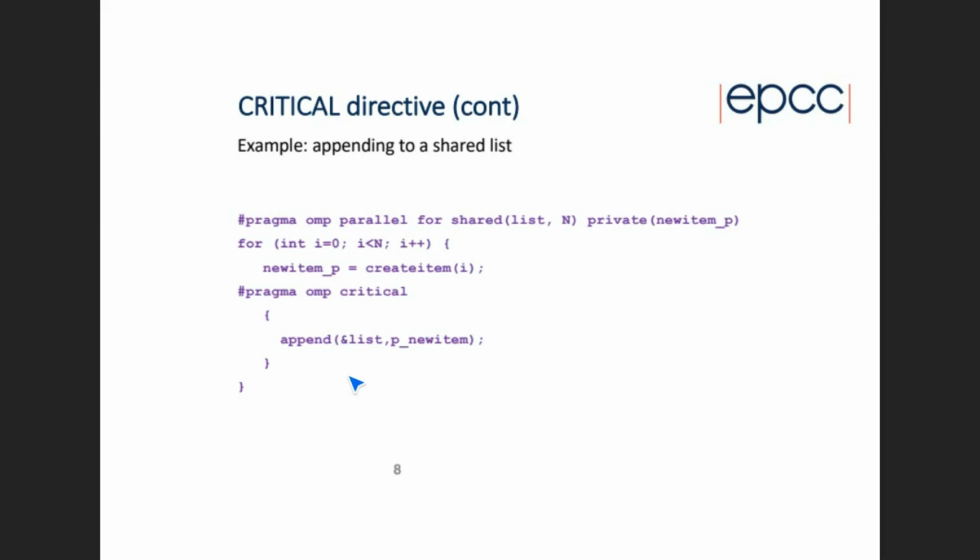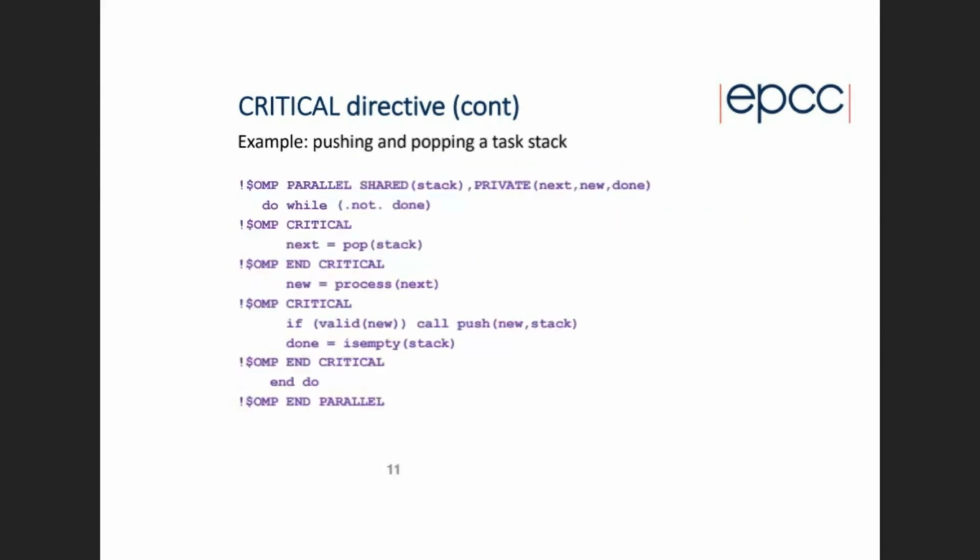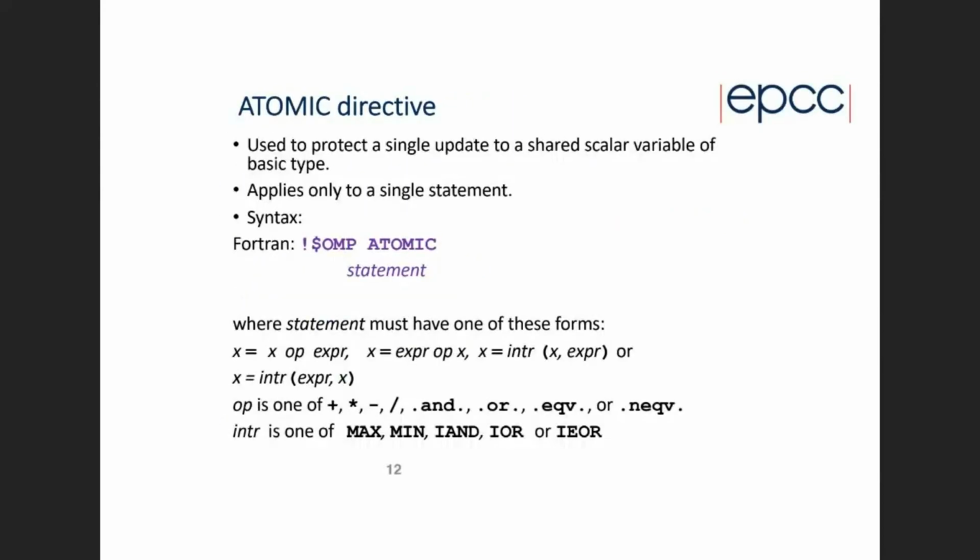For single, only one thread will execute the block, and the other ones skip over it and wait. Again, the waiting is different: single has an implicit barrier at the end, which critical does not. Any other questions?